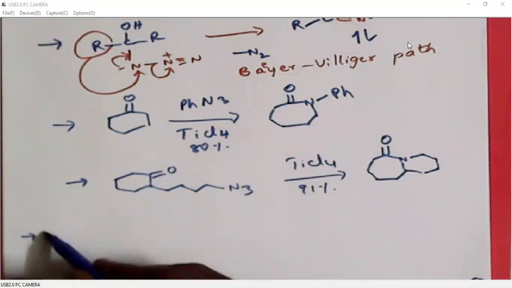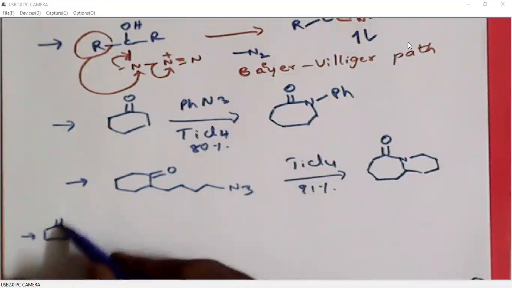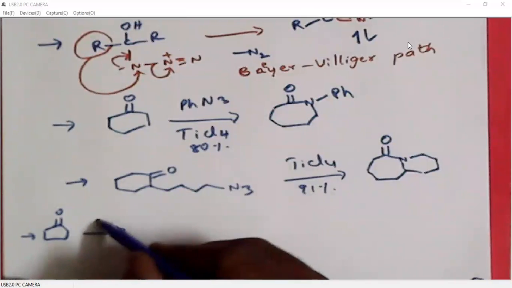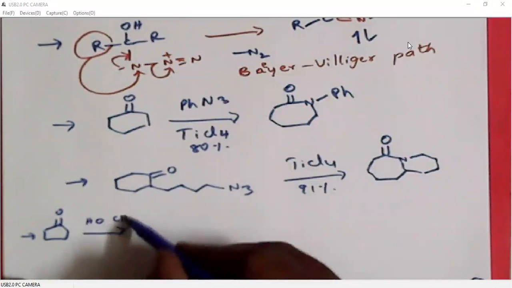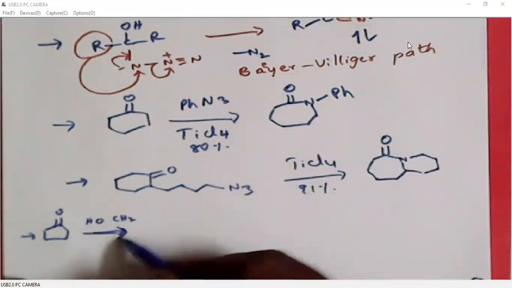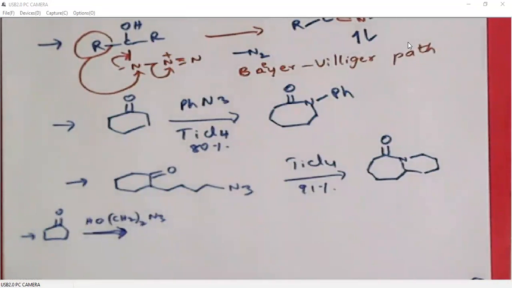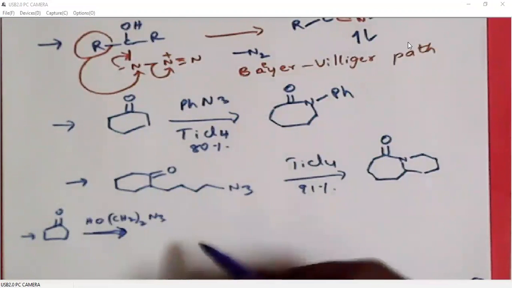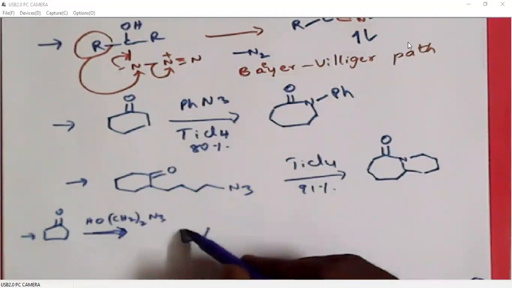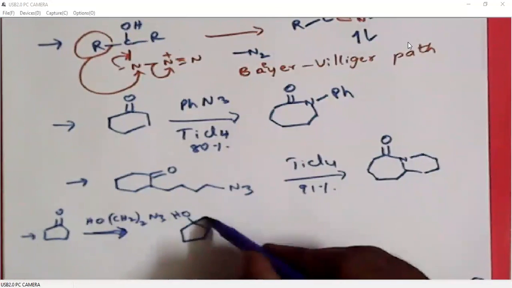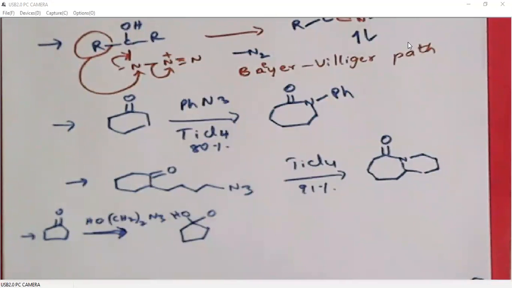When this cyclopentanone is treated with an azide, which also has a hydroxy group, this hydroxy group in the first instance may be involved in the formation of a hemiacetal.